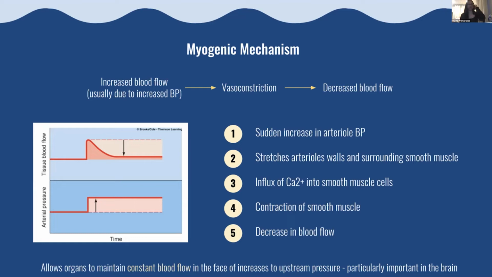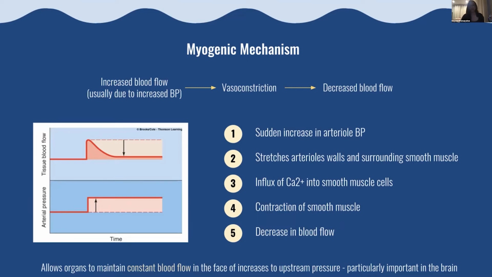The point of it is to make sure that a certain organ is receiving a consistent amount of blood as opposed to the arterioles having a consistent blood pressure. So it does kind of lead to an increased blood pressure, but it leads to a decreased amount of blood going to those tissues.